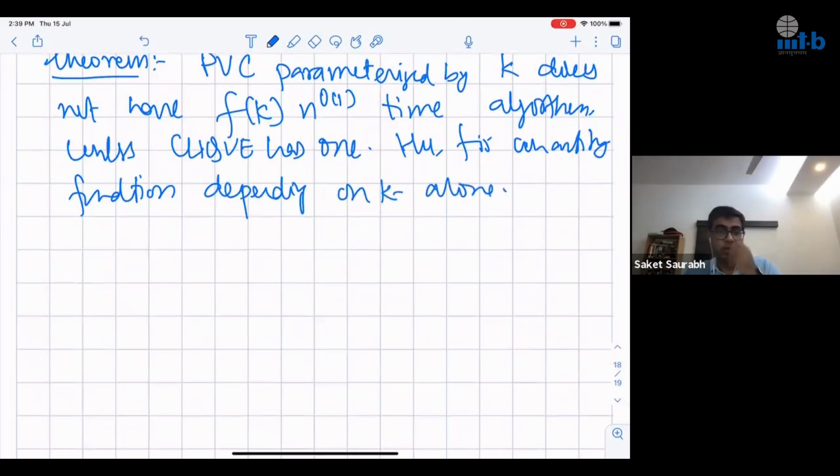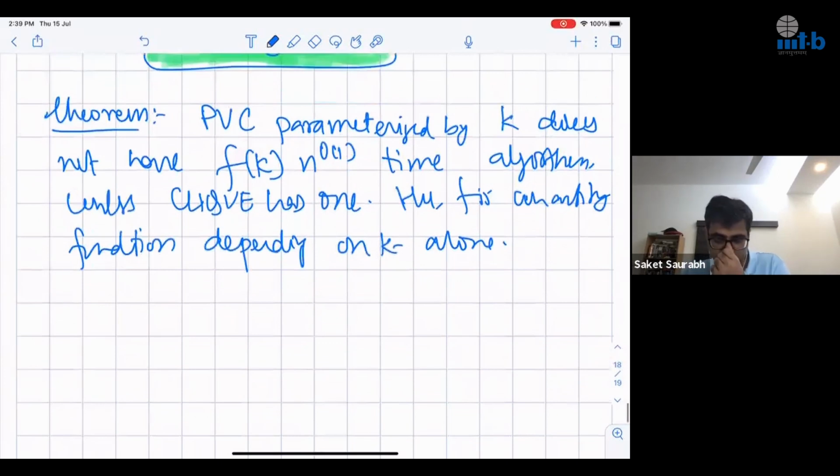So this is our theorem we managed to show, if you trust me.